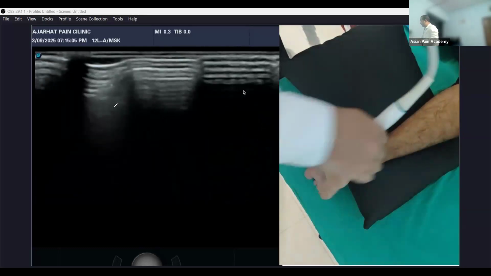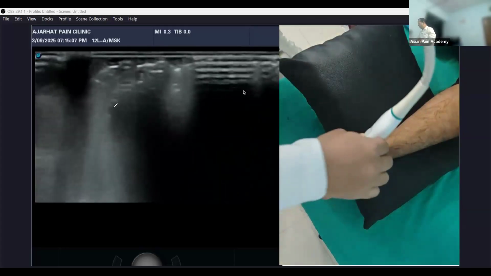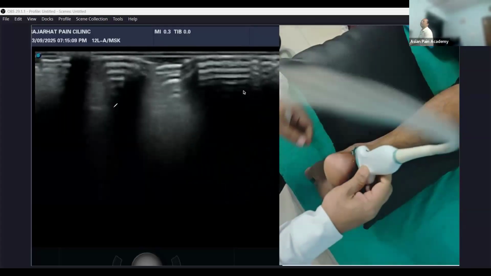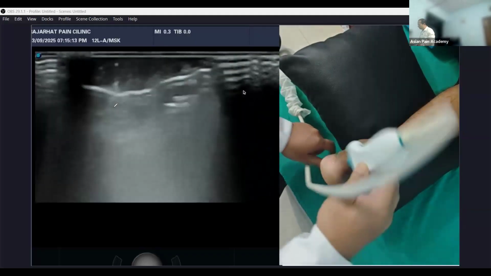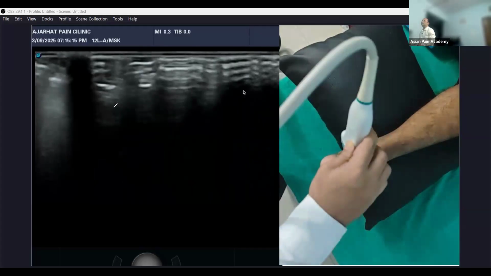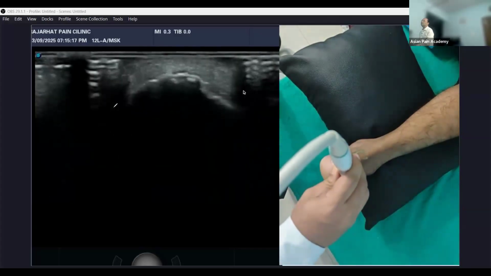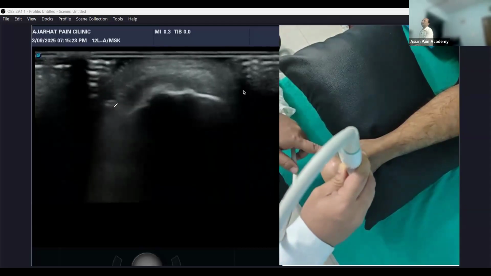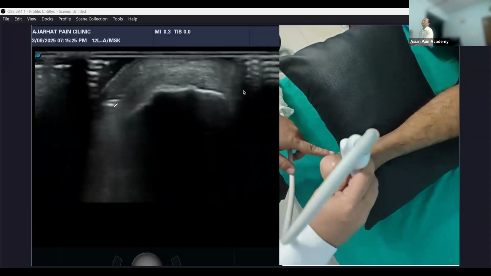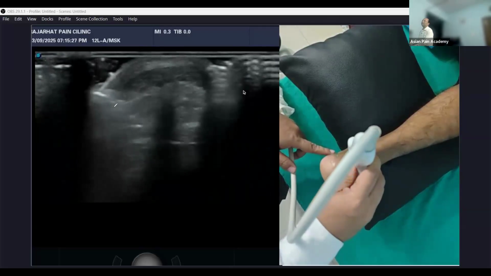Now one more thing: whenever you do an intervention, you have to do it in this view, the short axis view. So this is the bone, the calcaneum bone. Then I'm going like this. I'm going up.